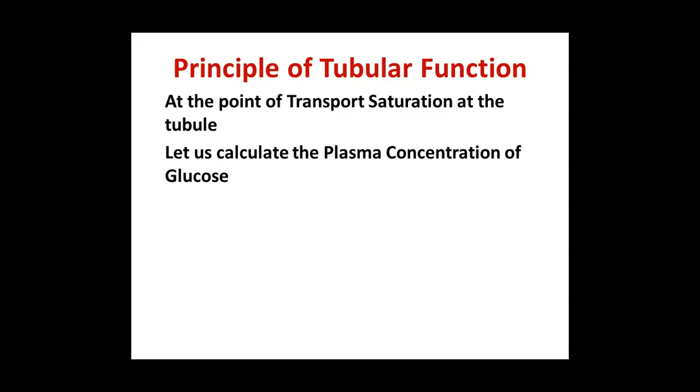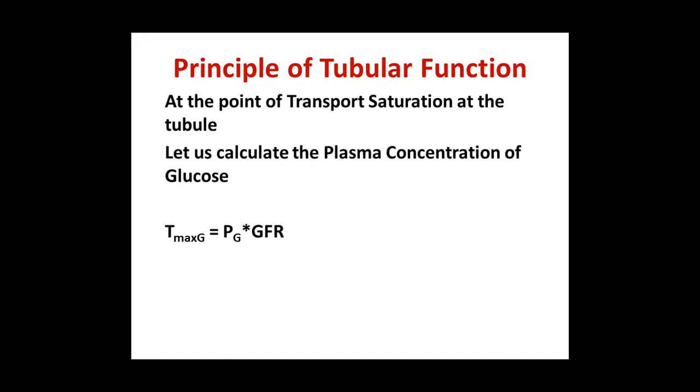Now at the point of transport saturation of the tubule, let us calculate the plasma concentration of glucose. When Tmax G of a male is 375 milligram per minute, what should be the PG, or plasma glucose level, at which the transport maximum at the tubular level is achieved?